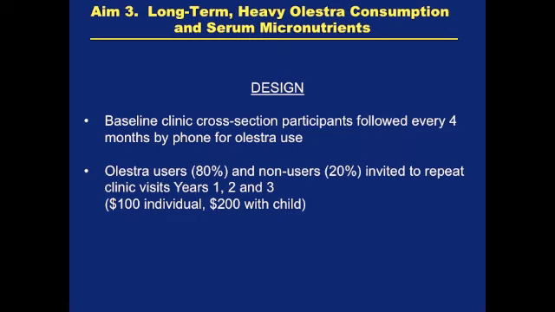And we selected from those the people who reported using Olestra at least once. So we got a population that consisted of 80% those people, 20% people who did use Olestra. And we got them to come repeatedly to the clinic. So this is the first group, and it's a cohort, and we tried to follow them for 4 years. Again, giving them relatively large sums of money to participate.